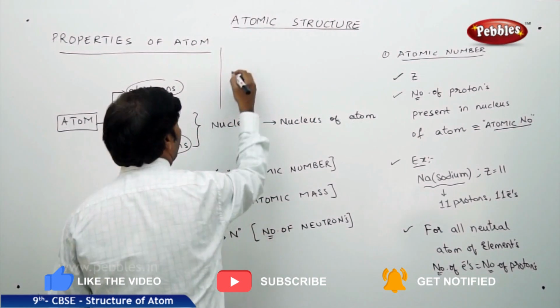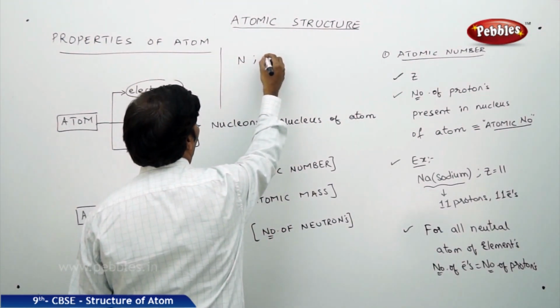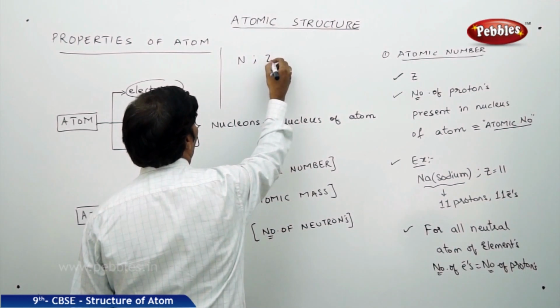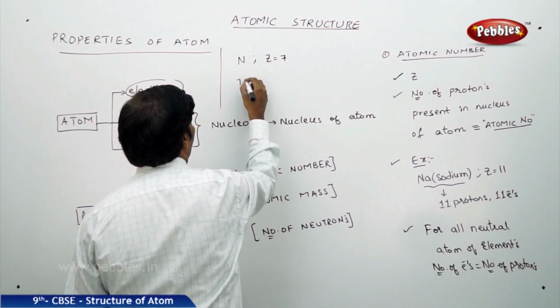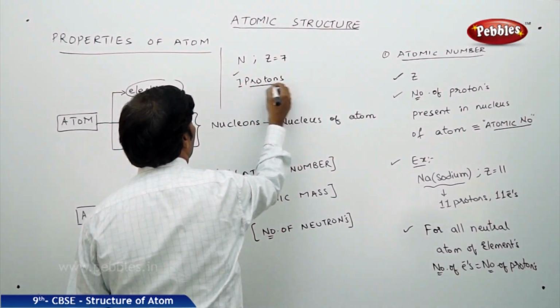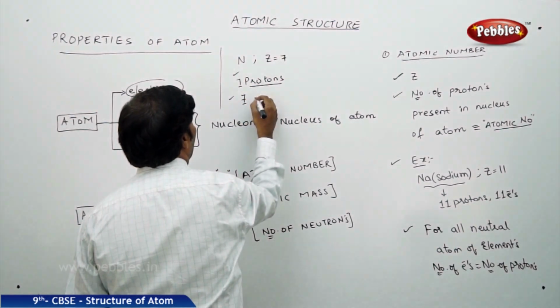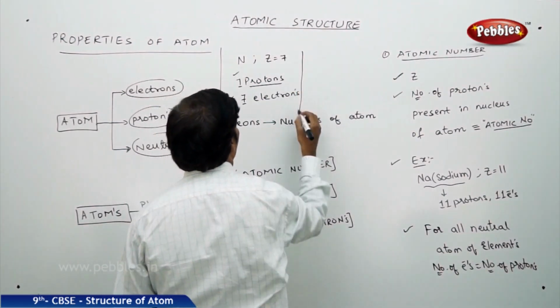Suppose you take nitrogen, N. Its atomic number is 7, that means it contains 7 protons and also 7 electrons. You take any neutral element, it is the same case.